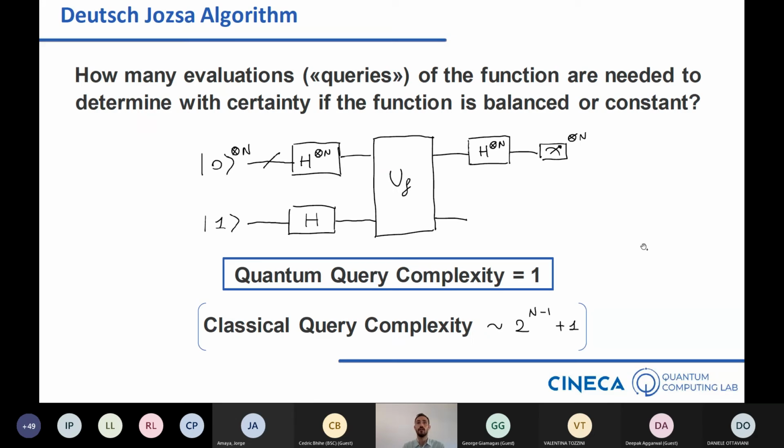But first of all, tell me if you are with me so far. Is the Deutsch-Jozsa algorithm clear so far? Or do you want me to explain something more about it?